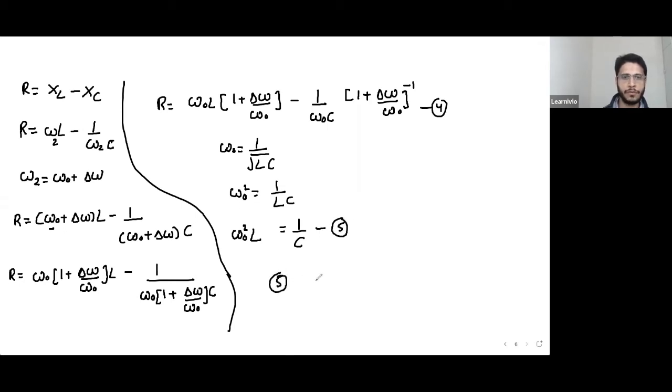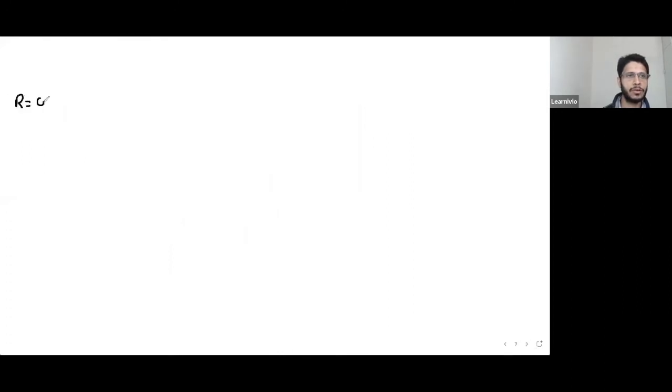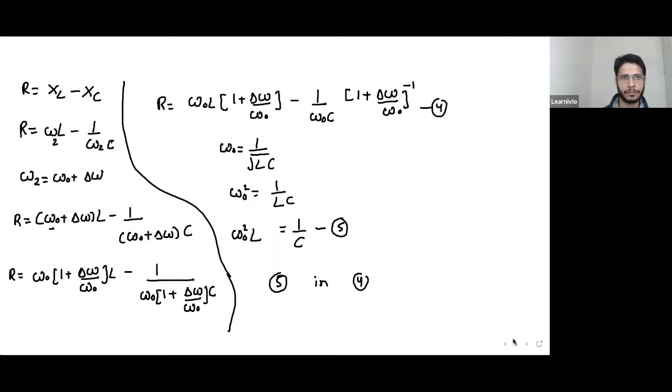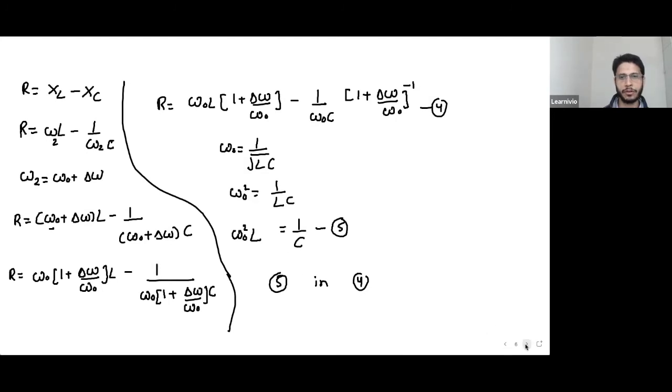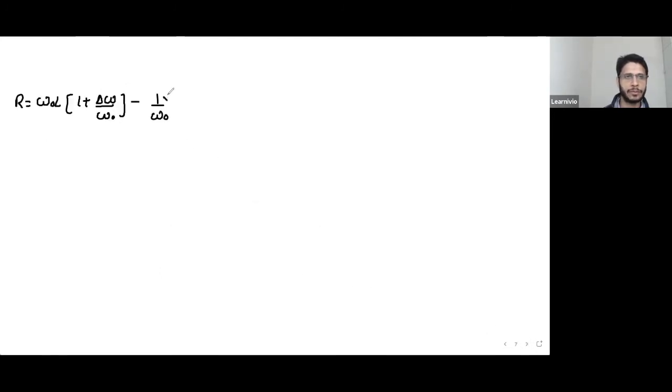I substitute 5 in 4. When I substitute 5 in 4, you will get R is omega naught L (1 plus delta omega by omega naught) minus 1 by omega naught, and this 1 by C is omega naught square L, into (1 plus delta omega by omega naught) to the power minus 1.